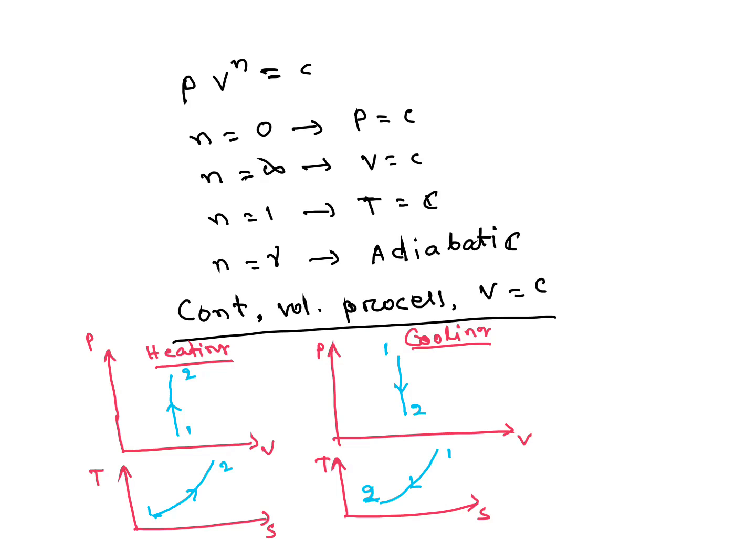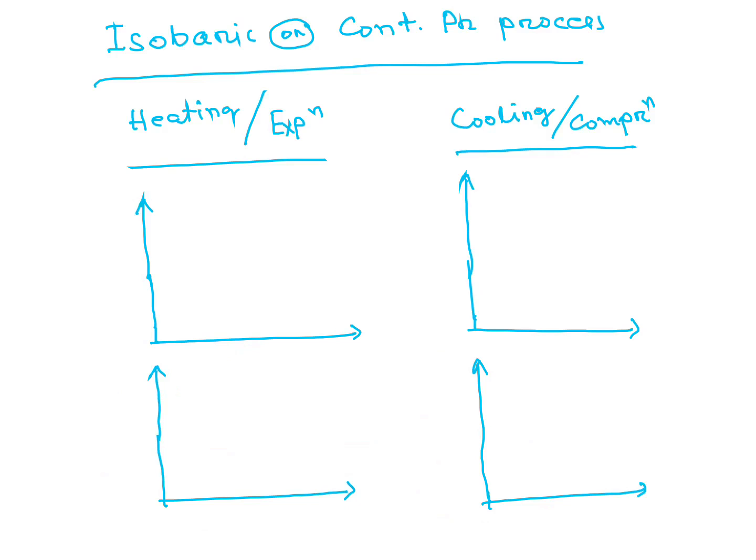Next is the isobaric process or constant pressure process on heating or expansion. This is PV diagram, then TS diagram. In PV diagram, from initial state to final state, it will go like this. And in TS diagram, for heating and expansion, initial to final, pressure is constant.